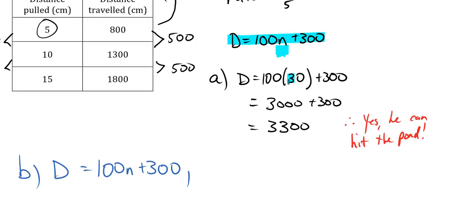I subbed in for the number of centimeters to pull back. But now it's asking us to sub in for the other value. It's giving us that distance. It's giving us the total distance.